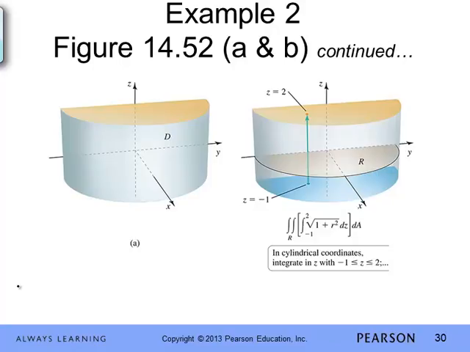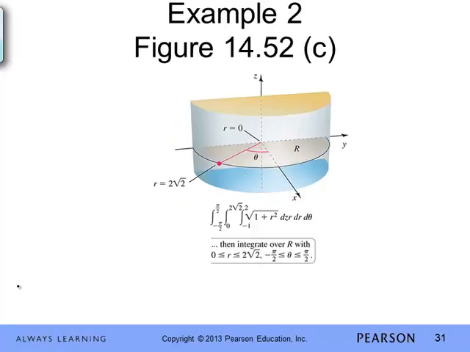So r is going to go from 0 out to the edge of the circle, which is going to have a constant radius of, let's go to the next slide. That circle has a radius of 2√2 when you work it out from doing the switch over to the limits of integration. And then theta is going to go from, what, -π/2 to +π/2?